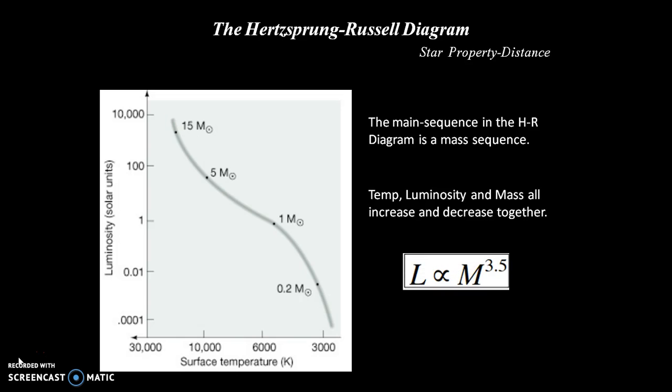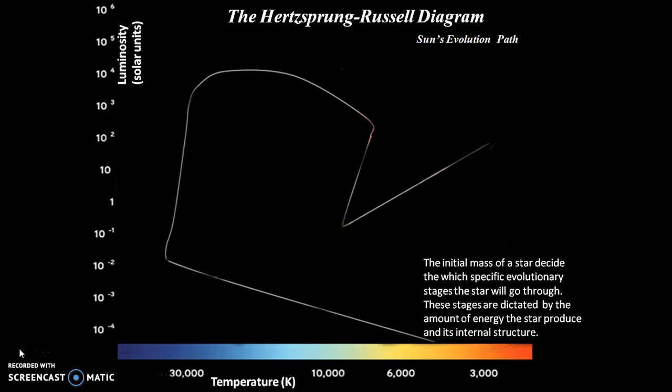It is expressed in a power relation, where m is the mass of the star and L is the luminosity of the star. The initial mass of the star decides which evolutionary stage the star will go through. These stages are determined by the amount of energy the star produces and its internal structure. Each evolutionary stage represents a change in luminosity and temperature of the star, showing the changing region on the HR diagram.